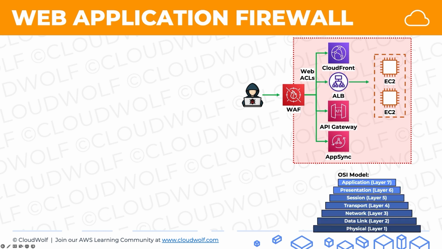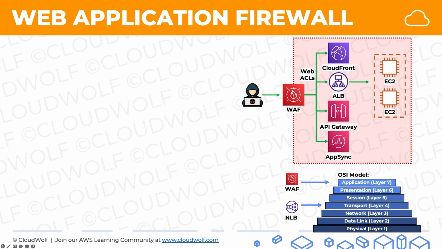So here's our OSI model with 7 layers. As we discussed, WAF operates at the application layer, or layer 7. The question is, can you deploy WAF on a network load balancer, or an NLB? Well, unlike an application load balancer, which is over here and operates on layer 7, a network load balancer operates on layer 4, and it's over here.